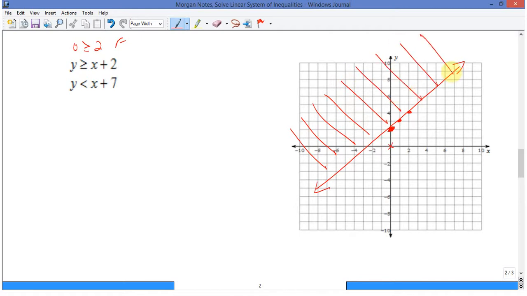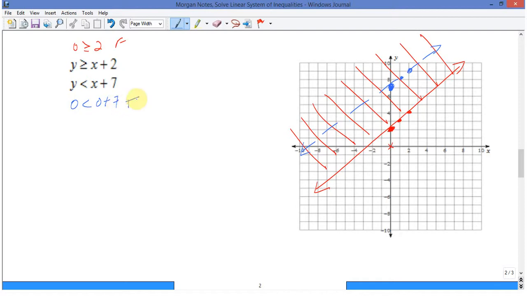Do the next line in a different color, blue. So what we have is a y-intercept of 7. It has a slope of 1 also. Let's draw the line, and it's going to be dashed. Let's test 0, 0. 0 is less than 0 plus 7. 0 is less than 7.